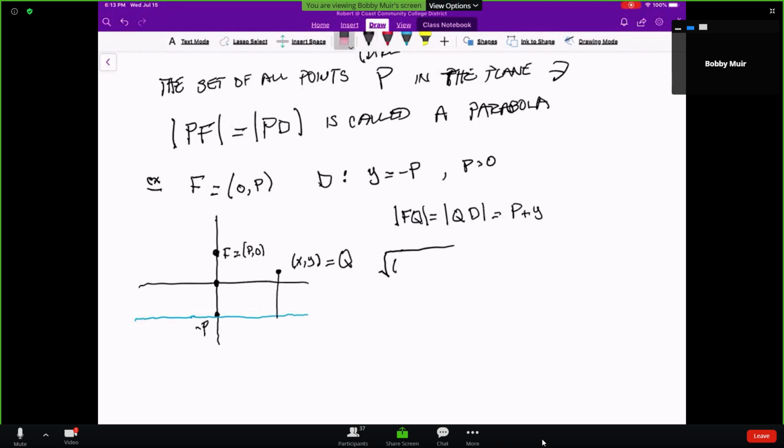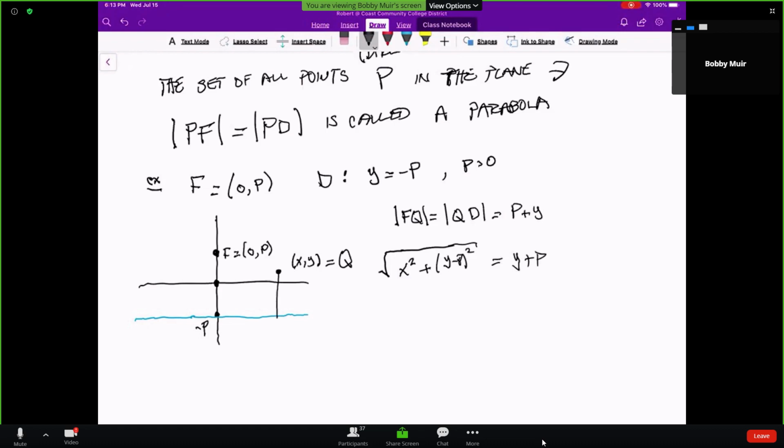As far as the distance between the focus and the other point, oops, this was wrong. Got that backwards. That's (0, p). So it's the difference in the x's squared, so that's going to be the square root of x squared plus (y minus p) squared, equal to y plus p.